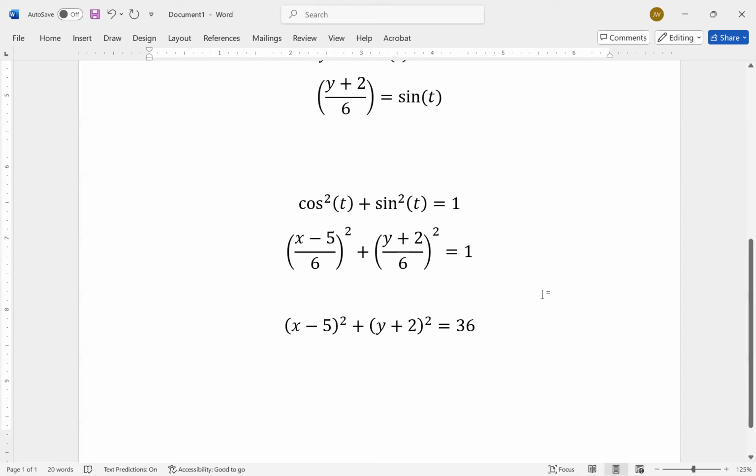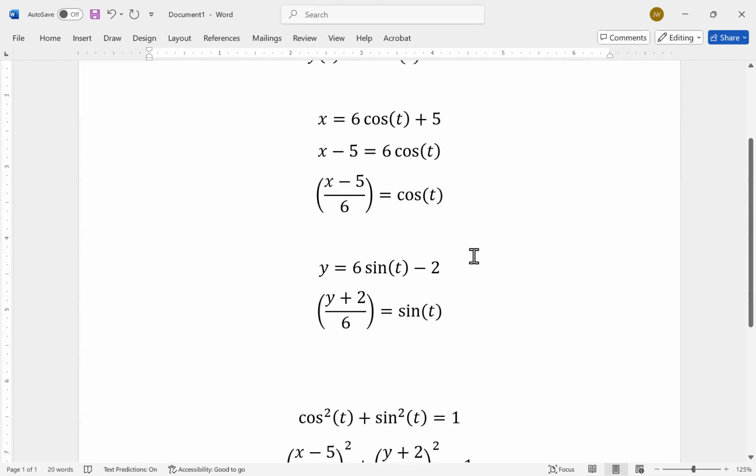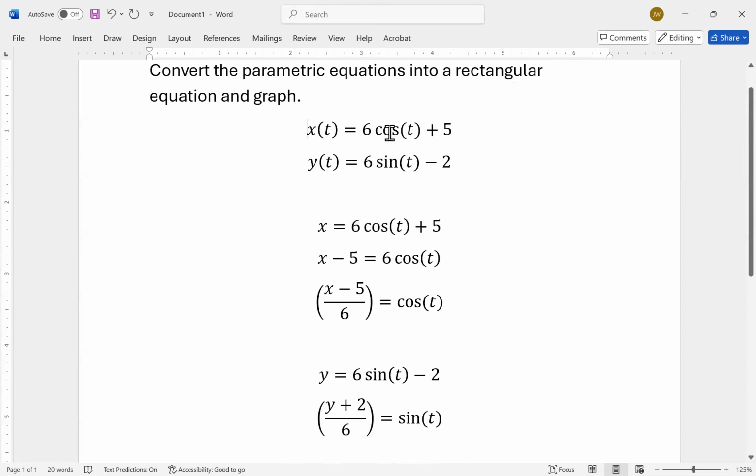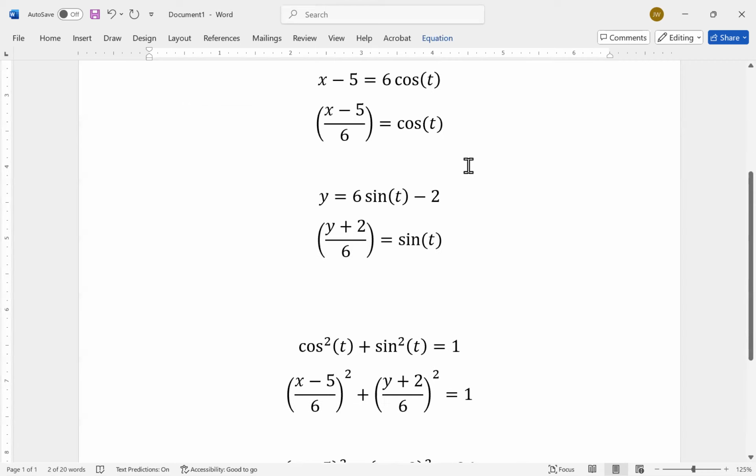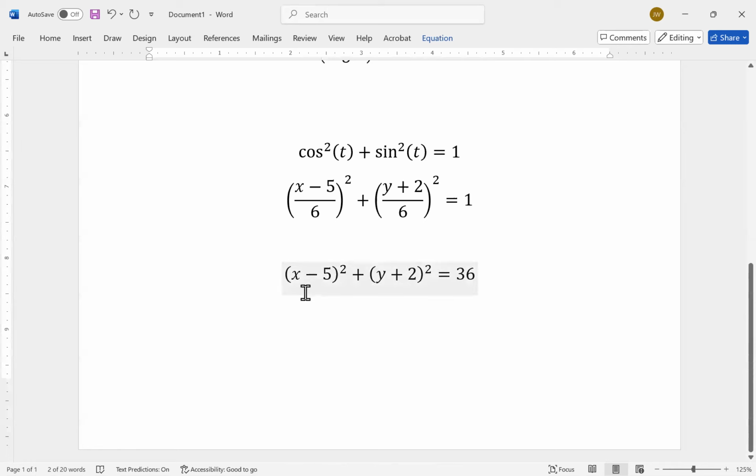Notice what this is. This set of parametric equations is the same as this rectangular equation.